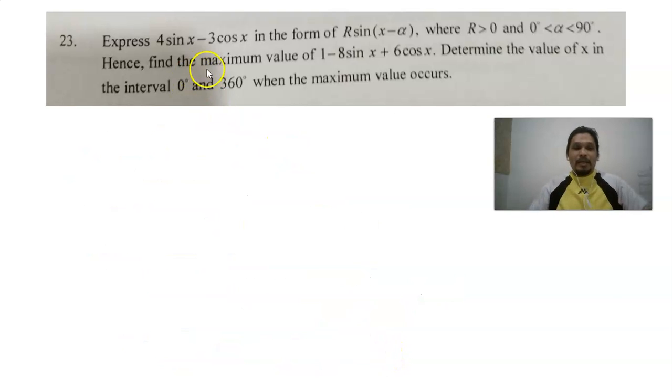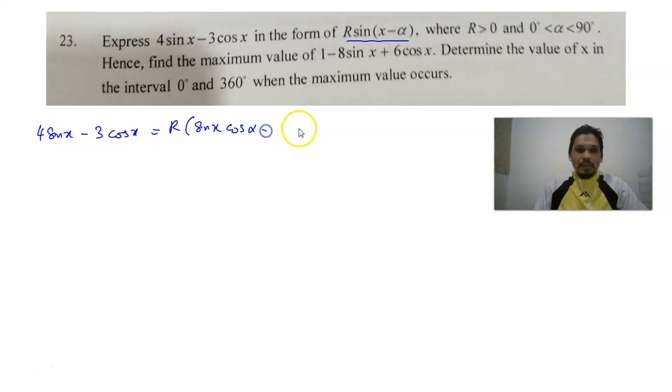Okay, now express 4 sine x minus 3 cos x in the form of this. So given there r sine x minus alpha. So 4 sine x minus 3 cos x equal to r sine x minus alpha, which is sine x cos alpha minus cos x sine alpha.